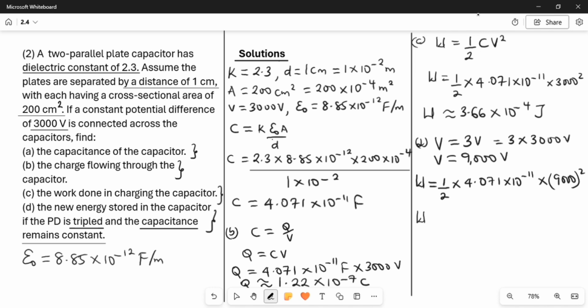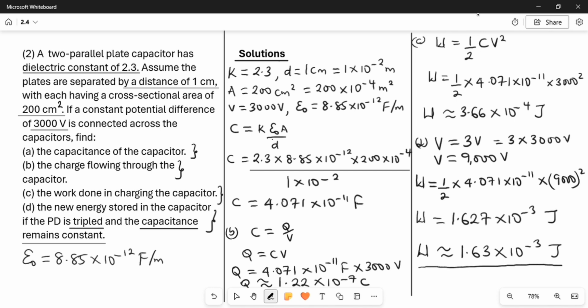This leaves us with about 1.627 times 10 to the power negative 3 joules, which can approximate to 1.63 times 10 to the power negative 3 joules. This answer is to 2 decimal places.